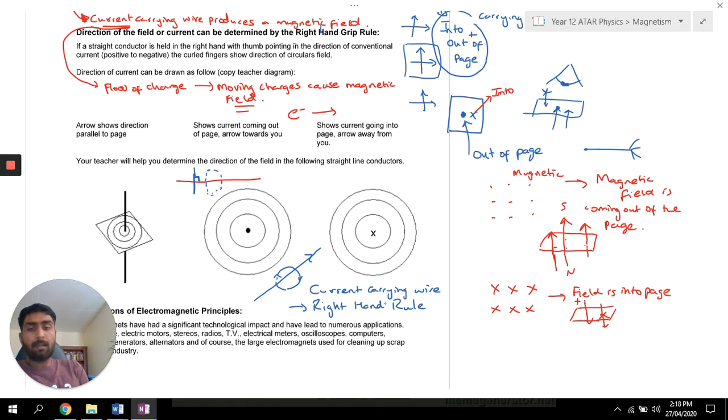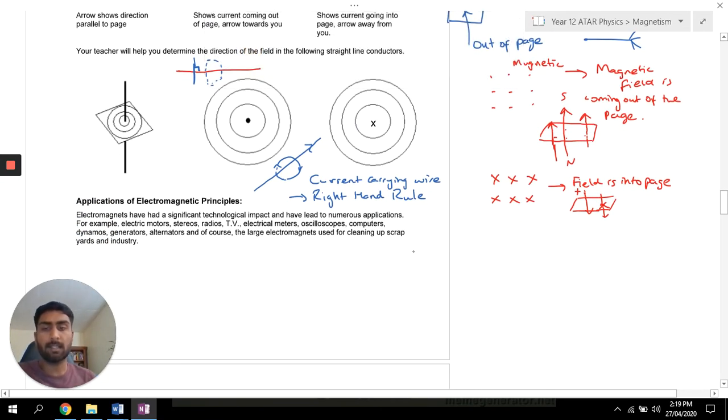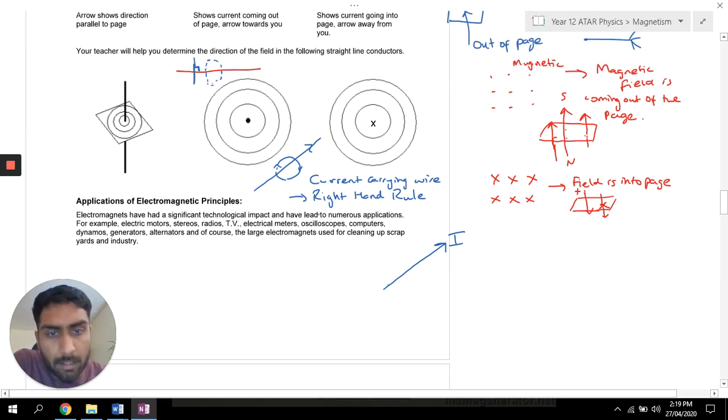So let's try and use this. Let's say my current is going this way. I'm just going to signify this for your sake, in small dashed green lines, that in actual fact the electrons are flowing the opposite way.